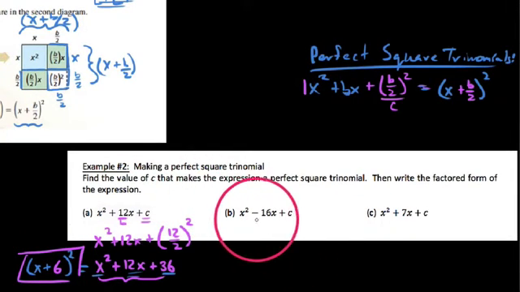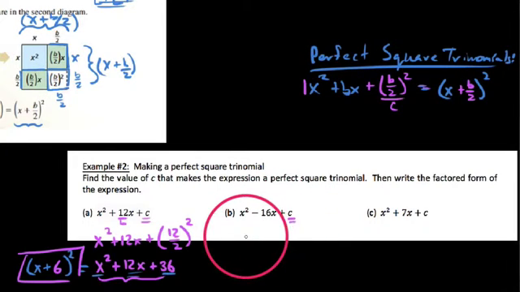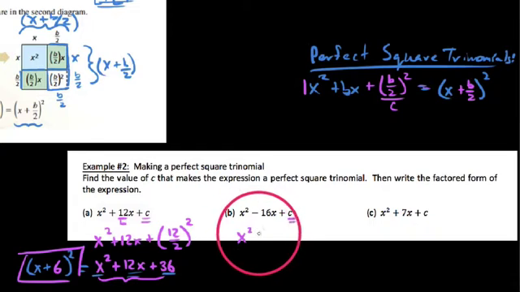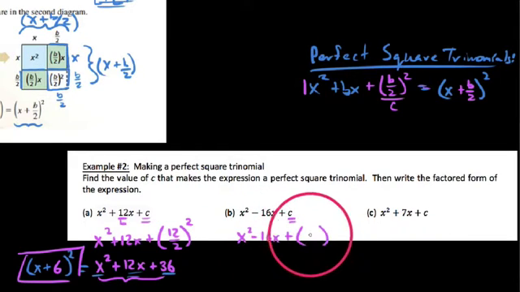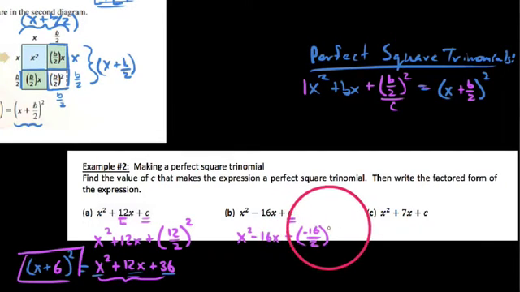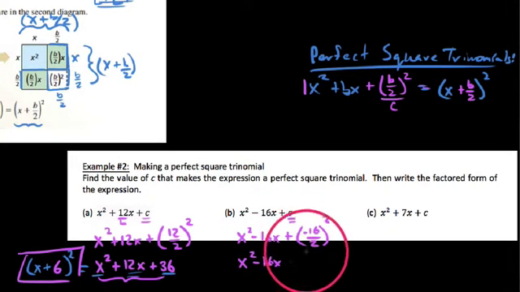I say, well, I've got x squared minus 16x here. What's our c value that would cause this to be a perfect square trinomial? So again, I would say x squared minus 16x plus b halves squared, where our b is negative 16 and half of that is negative 8, and we square this. So really I get x squared minus 16x plus negative 8 squared, which a negative squared just becomes a positive, and 8 squared is 64.